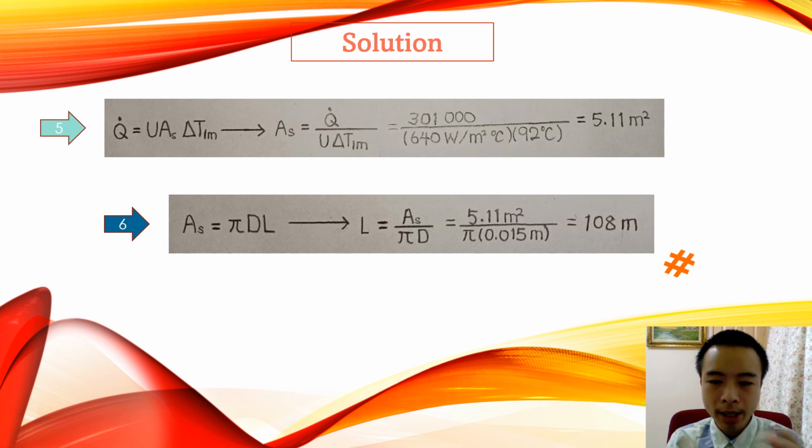To provide this heat transfer surface area, the length of the tube must be 108 meters. We get this from the formula L equals surface area divided by pi d. That's all from me. Bye.